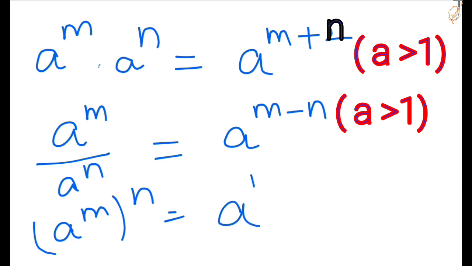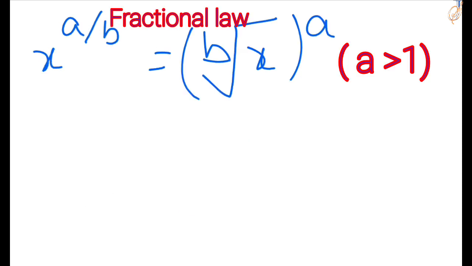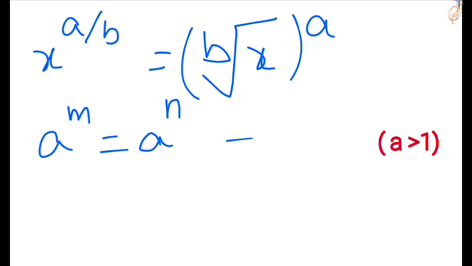That means a power mn. When the exponent is in fraction form, the denominator is the root of the number, then raise the answer to the power of the numerator. Another one, a power m is equal to a power n: when the base is the same, the powers are also the same.